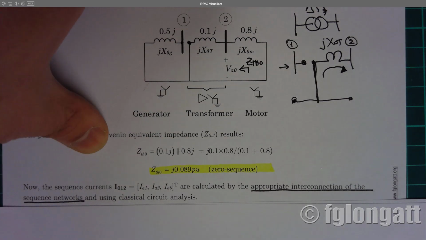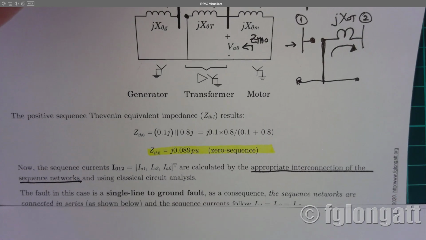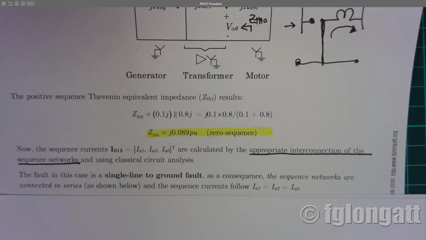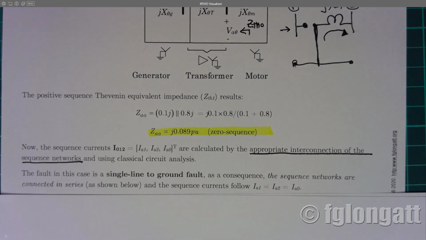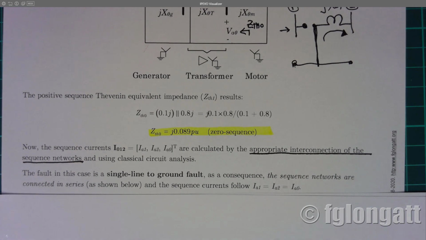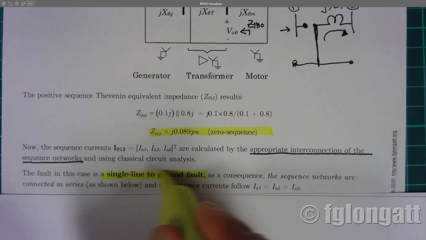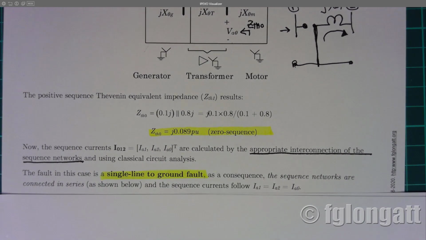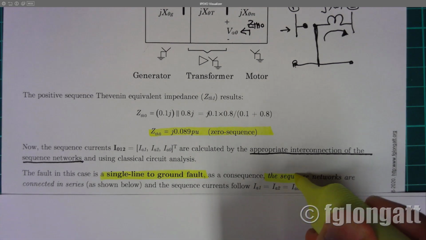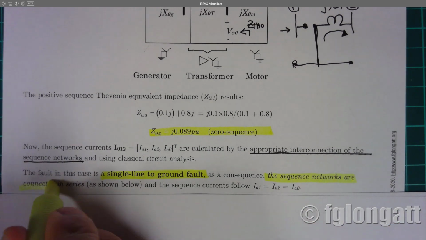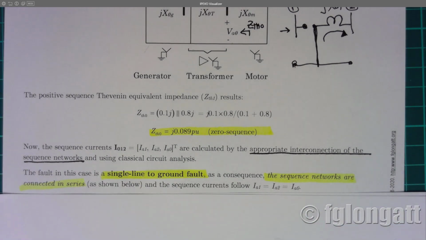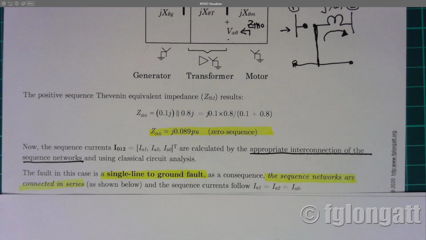If you watch my videos about short circuit analysis in asymmetrical conditions, you must remember that if we are working with a single line to ground fault, the sequence networks are connected in series.